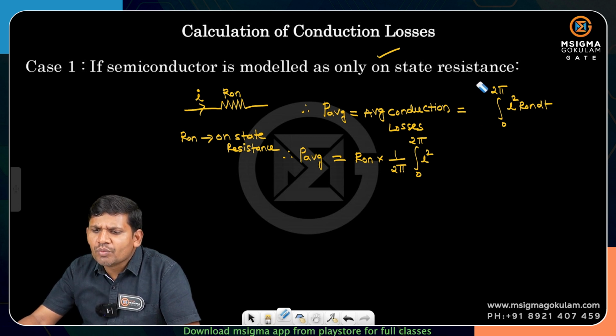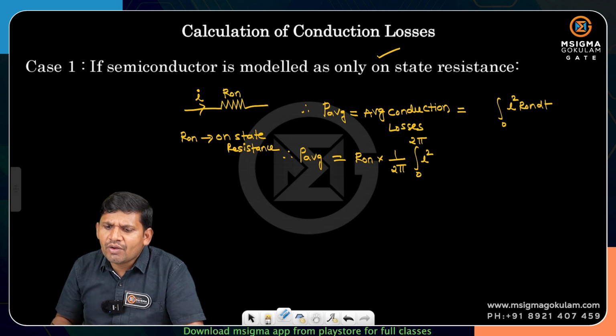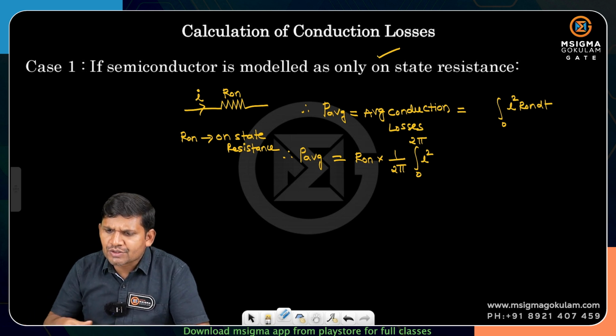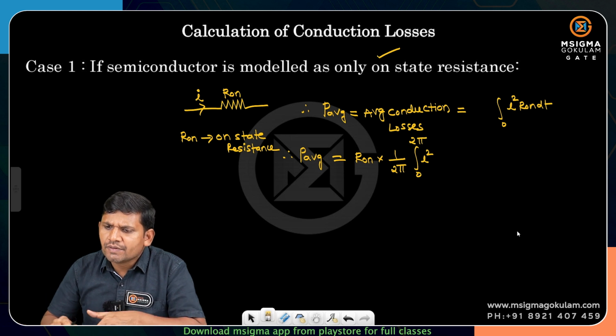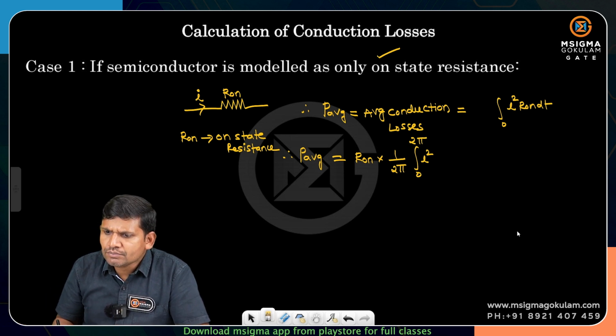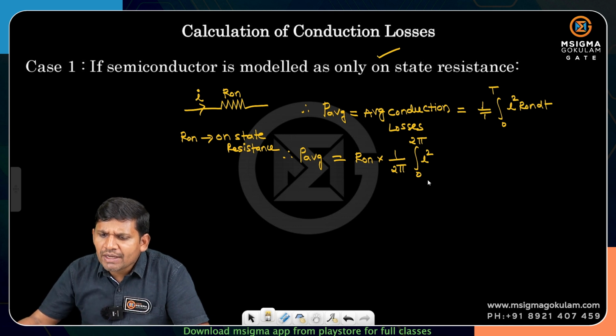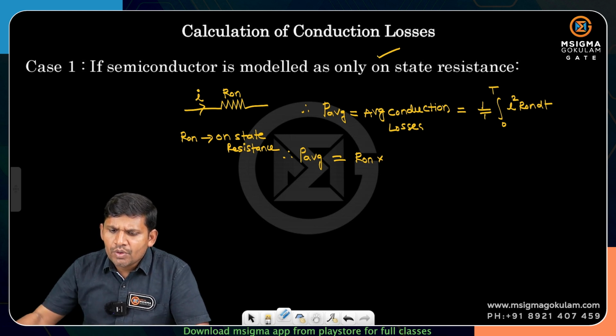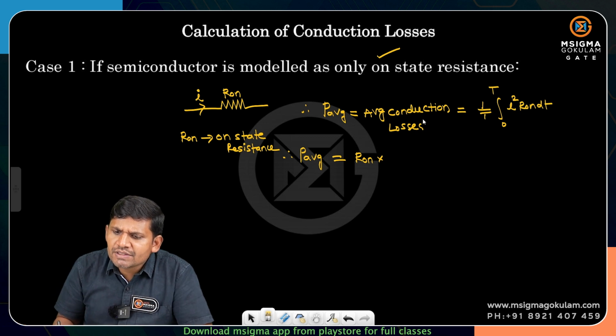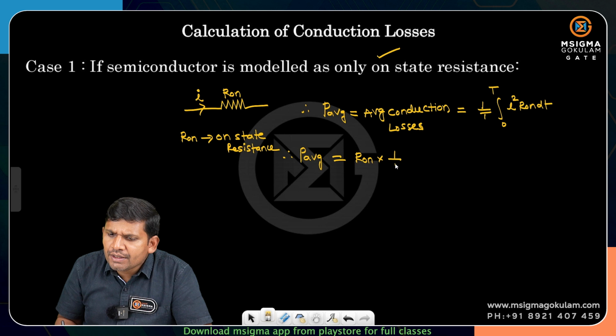Once I am writing in terms of the t axis, I write 1 by T integral 0 to T I square R on into dt, that is R on into 1 by T integral 0 to T I square dt. This is the conduction losses.